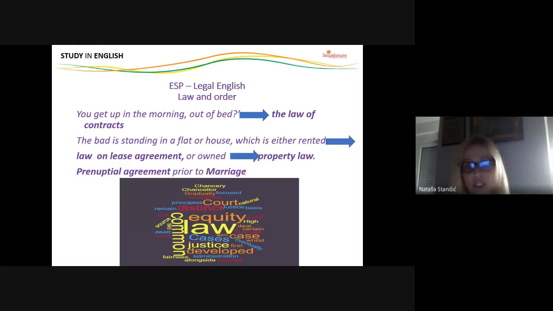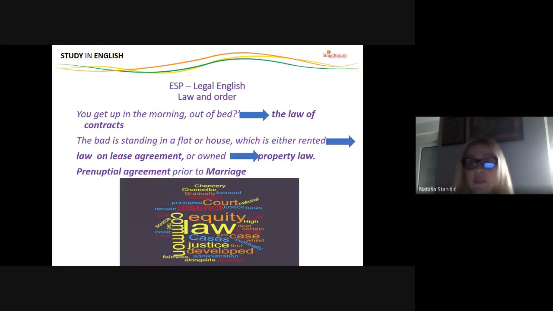Also, I would say that when you get dressed, especially ladies who pay a lot of attention to it, it is also the law of contracts concerning how you bought the clothes you wear. Then young people, especially those prior to graduation ceremony, maybe some of them will get married soon.